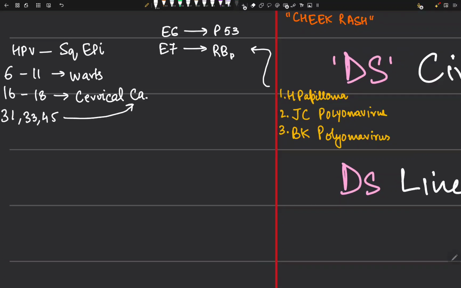Now, JC polyomavirus actually causes progressive multifocal leukoencephalopathy. The cool thing is that these patients are actually immunocompromised, most of them.